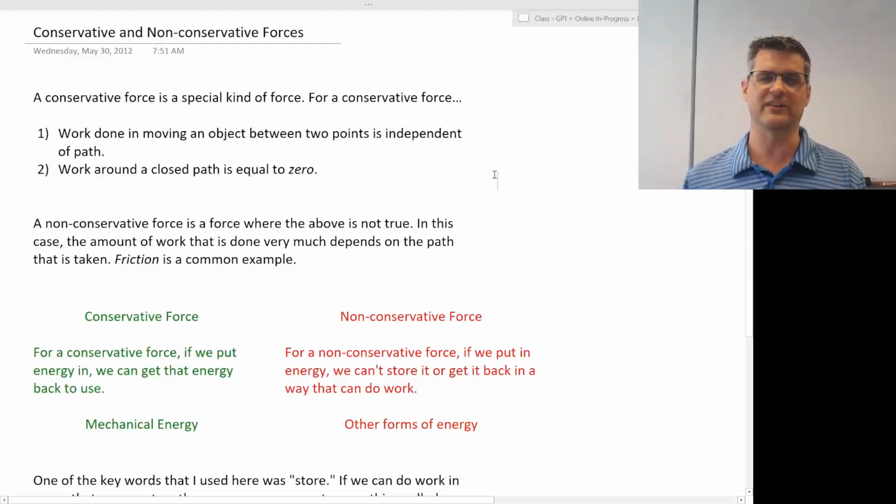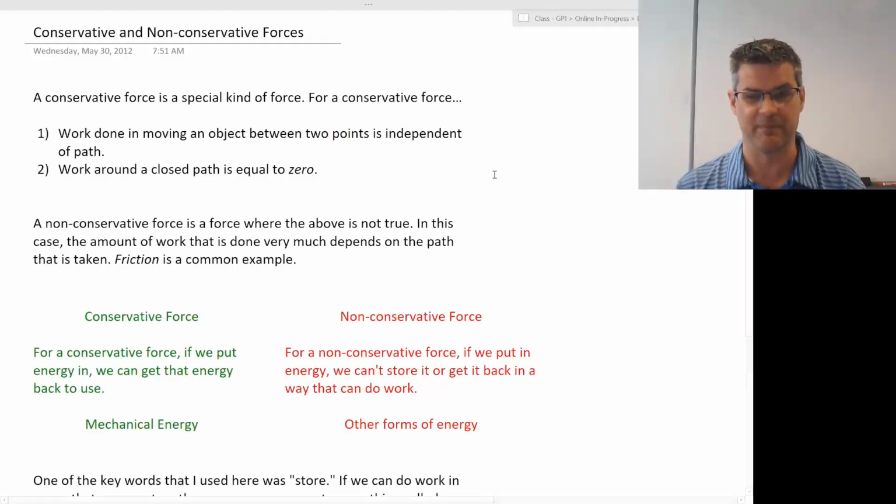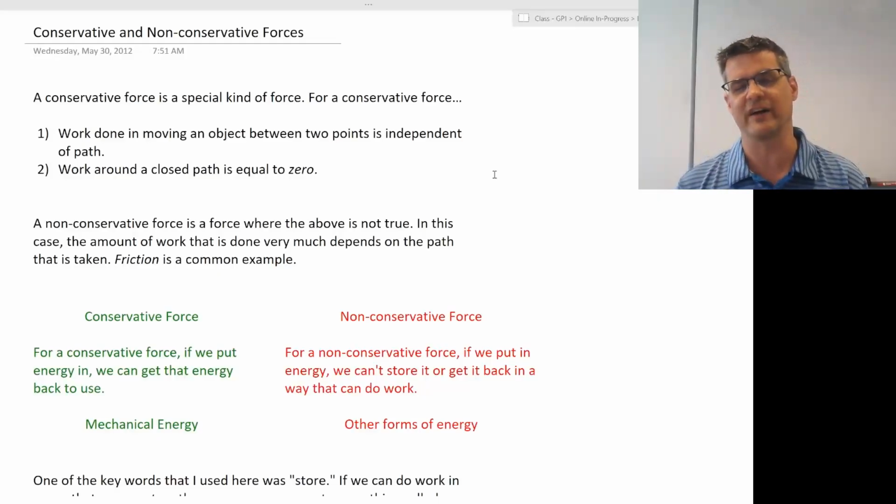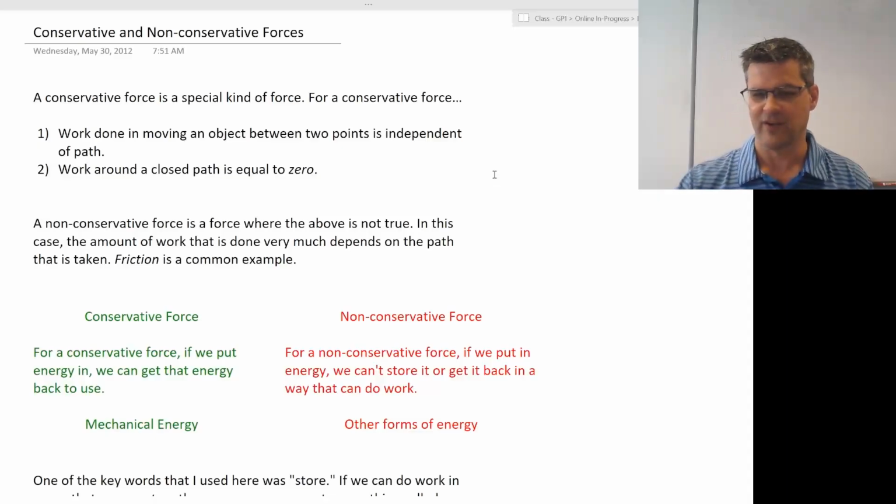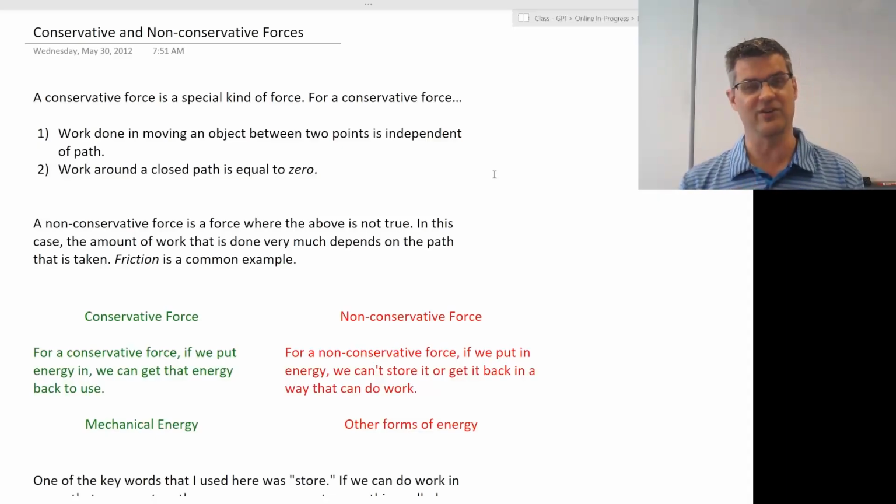One is called a conservative system, and one is a non-conservative system. In a conservative system, the work done in moving an object between two points is independent of path. And also, work around a closed path is equal to 0. So let's look at the case of the ball.